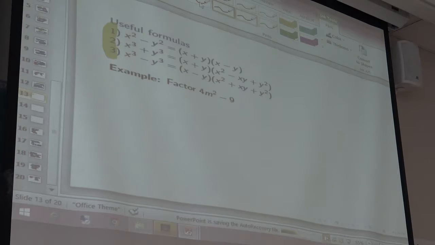It is somewhat easy to confuse these two. If we have a plus, then we need a negative here. When this is negative, we need a plus. So they have different signs, plus and minus, for the cubic case, x cubed and y cubed.